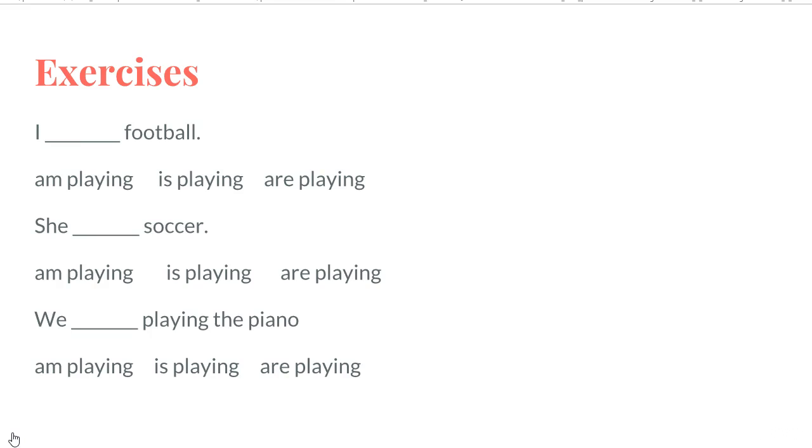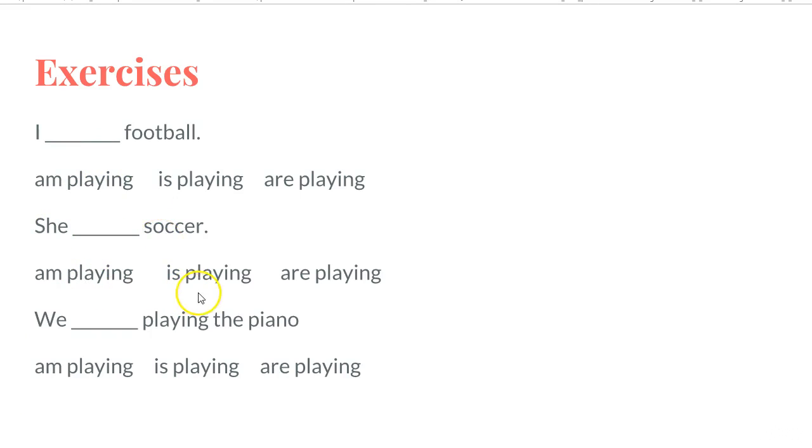Okay, so let's look at these exercises. I, football. Okay, so which is the correct answer? Okay, I am playing football. Okay, great. She, soccer.